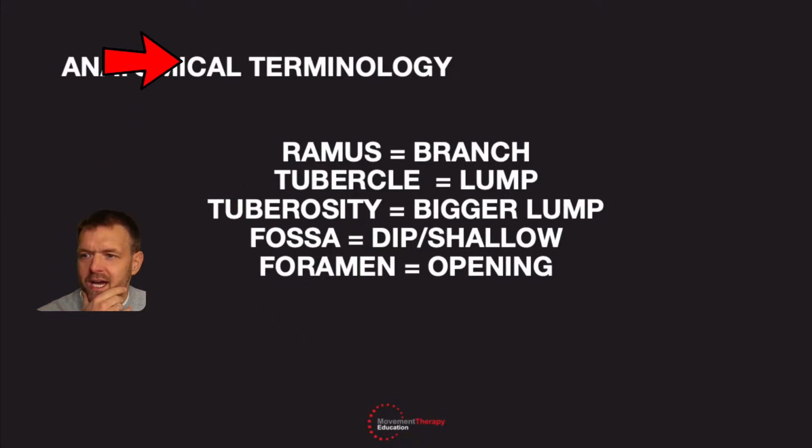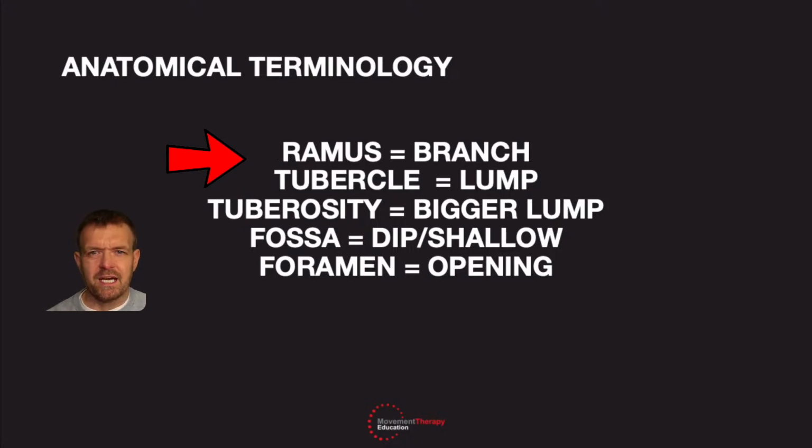Right, okay, so we've got anatomical terminology. So we've looked at some of this already and kind of started to sow the seeds of it over previous sessions. But this is really evident in these sessions coming up because they are everywhere. So we've got ramus, which means a branch.